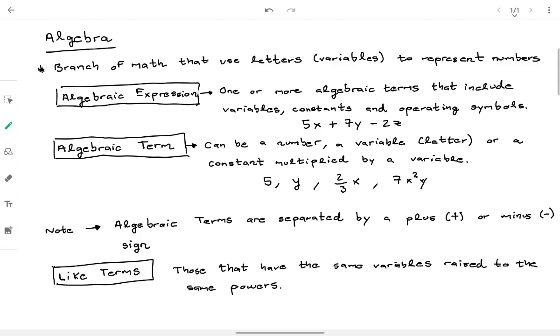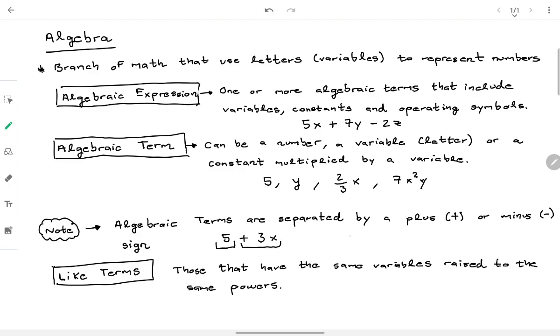Here we have an important note. We can remember that algebraic terms are separated by a plus or minus sign. That means that if I have something like 5 plus 3x, this is an algebraic term, and this is another algebraic term.